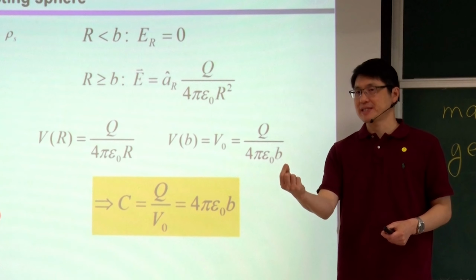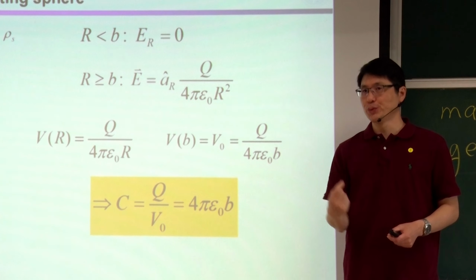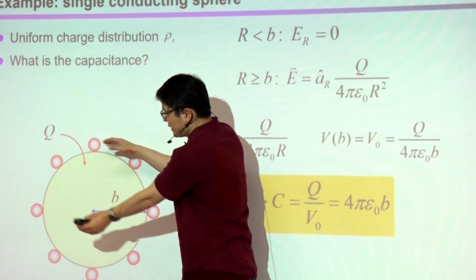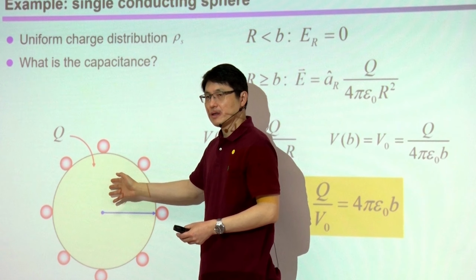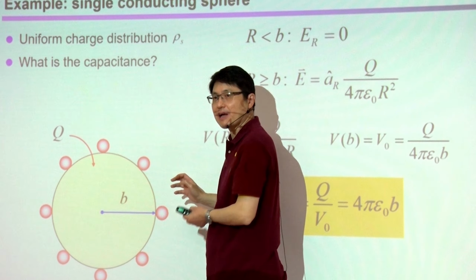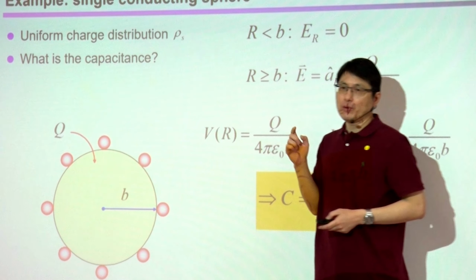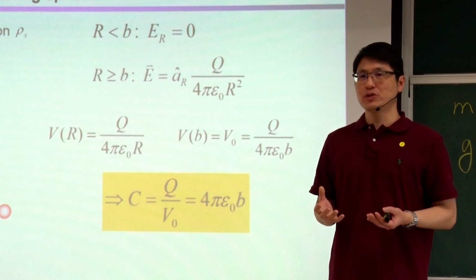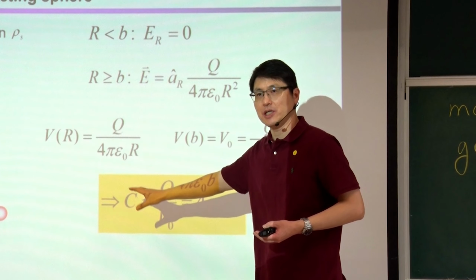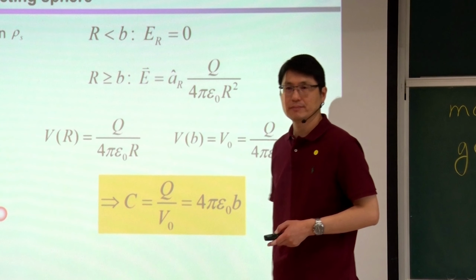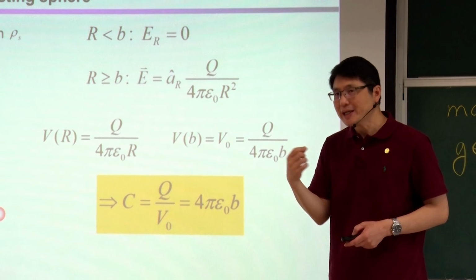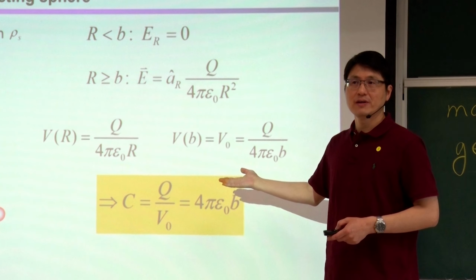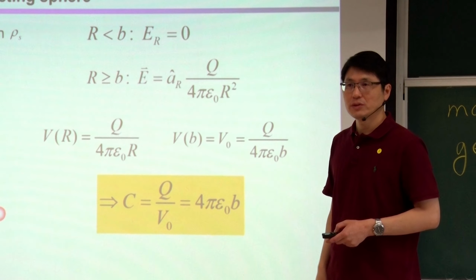Epsilon 0 represents vacuum. So currently, this metallic sphere is held in vacuum. If you want to change its capacitance value, all you have to do is immerse it into another medium. Do you need to recalculate the mathematical form of the resulting capacitance? You don't.